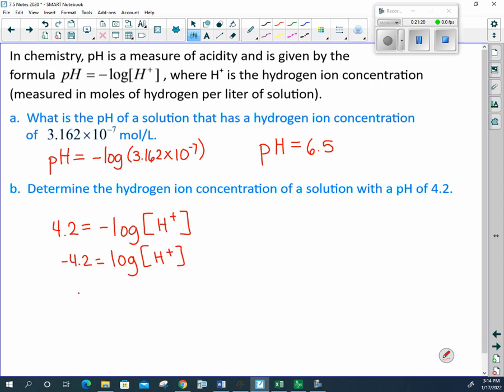And now I'm going to rewrite it. 10 to the negative 4.2 equals our hydrogen concentration. So 10 to the negative 4.2, let's see what that is.